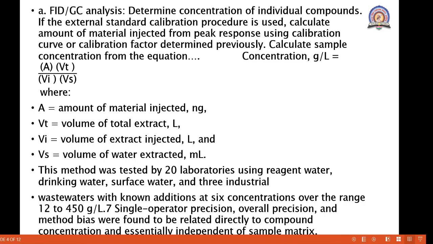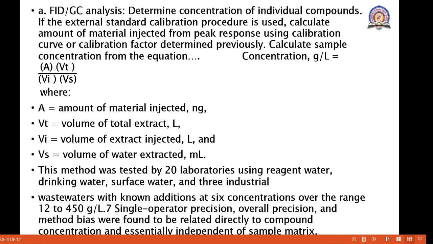Here how the flame ionization detector analysis can be done is explained. Determine the concentration of individual compounds. How is it determined? If the external standard calibration procedure is used, calculate the amount of material injected from peak response using the calibration curve or the calibration factor determined previously.